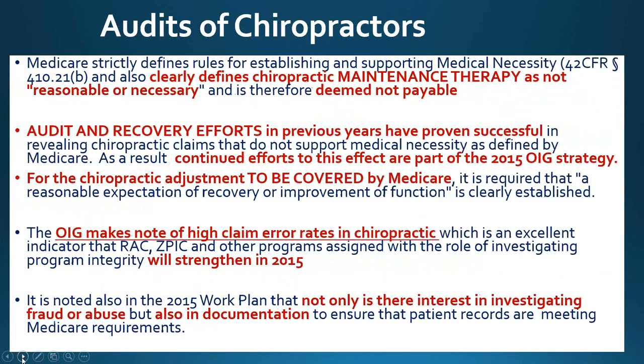We also know that in the 2015 OIG work plan, chiropractors are again included. The main things the OIG is looking at as it relates to chiropractors are maintenance therapy as well as documentation.